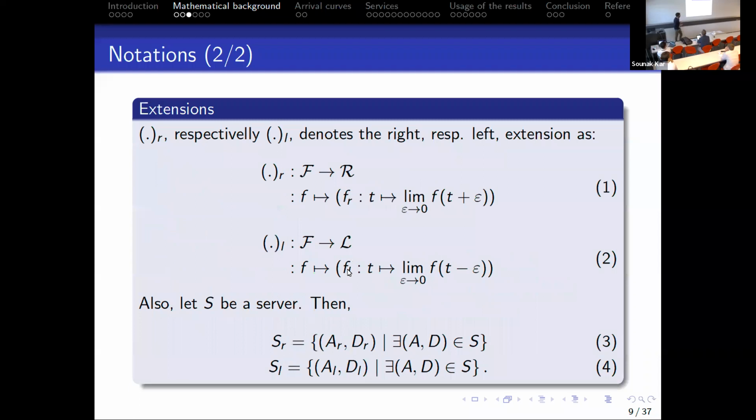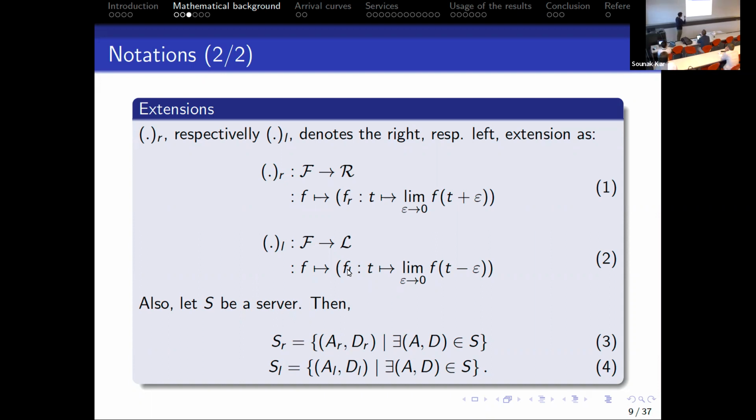Then, as I need to transform piecewise continuous functions into left or right continuous functions, I will introduce function modifiers as the right and the left extension, which map the piecewise continuous function to the left or the right continuous one. Graphically, that's to say that I stick the discontinuities on the left or right segment.